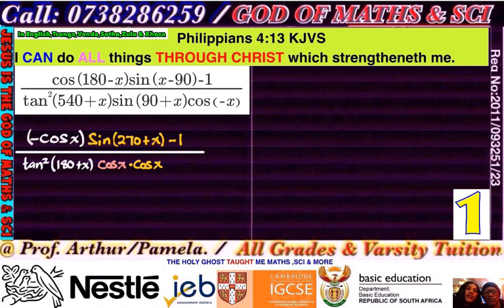Now here we go. At the top, of course, we've got negative cos of x. I parenthesize that. 270 plus, you are in the fourth quadrant, sign is negative, then you change it to cos of x minus the 1.